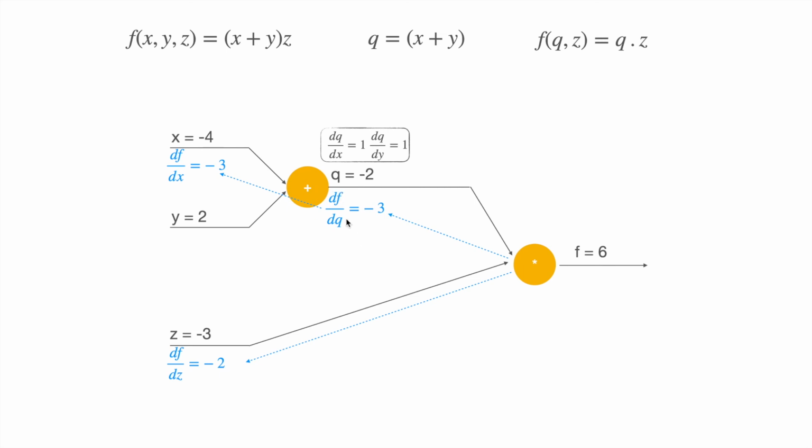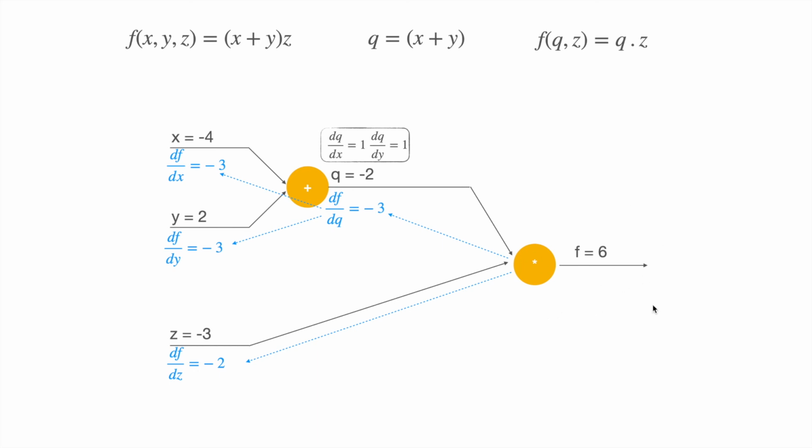So df by dq into dq by dx will give df by dx. Again we'll perform the chain rule. We multiply the local gradient with the final gradient to get the derivative with respect to y. This is a simple explanation of how forward propagation and back propagation work with the help of a simple gate.